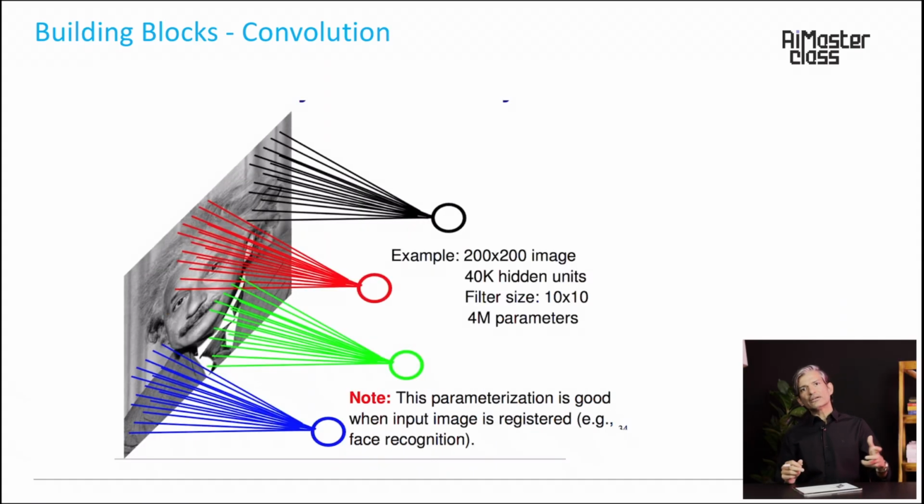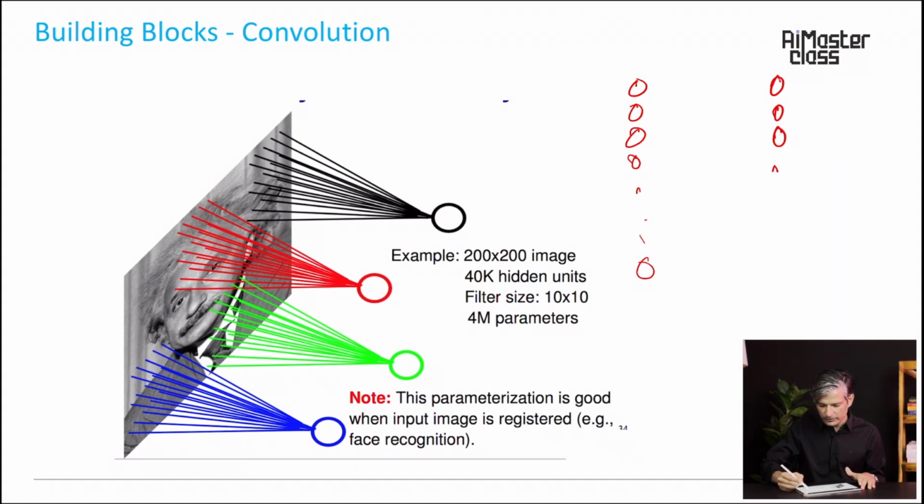So instead of this fully connected layer, we can do something called locally connected. What it means is, let's say we still have our 40,000 input pixels, and we also have our 40,000 outputs, right?